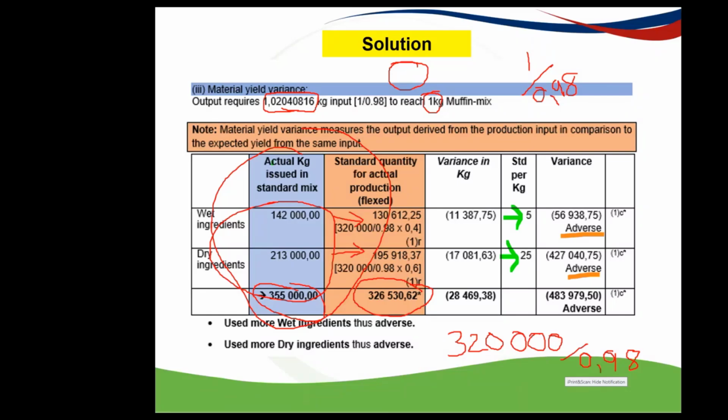So I put in 326,530 to get to those 320,000 cakes. But that was just what was supposed to happen for 320,000 cakes. Now I'm going to see that actually I put in a lot more wet and dry ingredients. It even added up to 355, which far exceeds the 326.